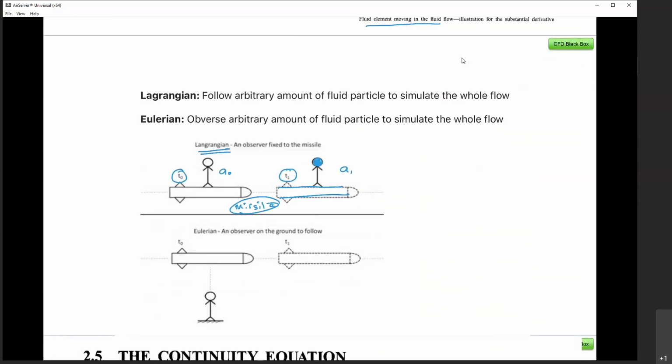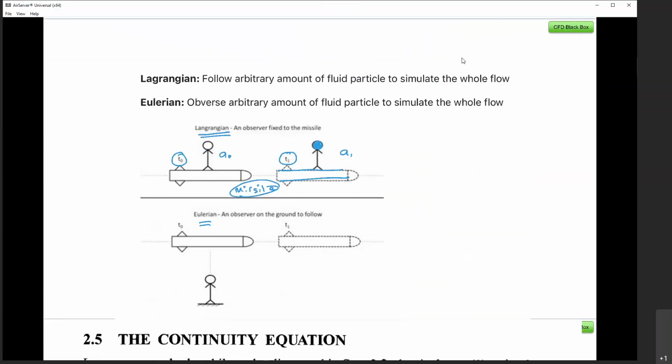For the Eulerian, however, the observer is fixed on the ground, meaning that it is observing the missile based on the i, j, and k components, meaning that it follows the missile by referring to the positions of the missile in the fluid.